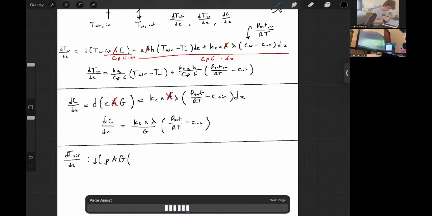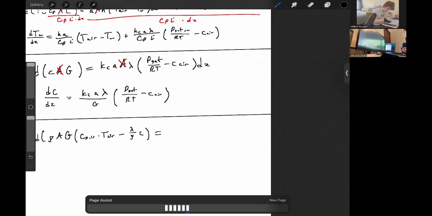And now we're going to relate this to the heat capacity and temperature of the air flowing through so we can get the energy from it. So if we do the Cp of air multiplied by the temperature of air and then subtract that from the enthalpy of vaporization over our density, which is then multiplied by some concentration, we could then set that equal to our heat and mass transfer.